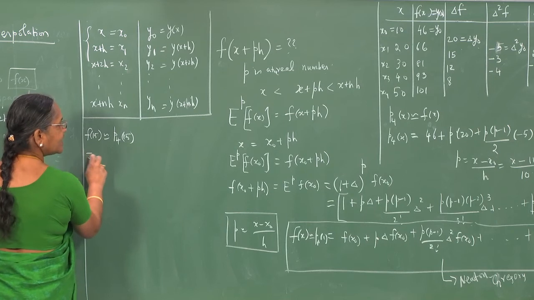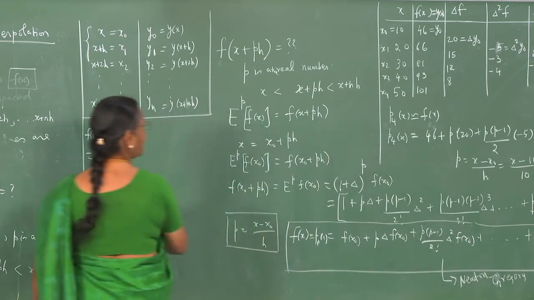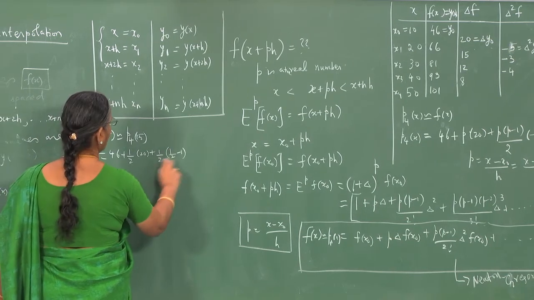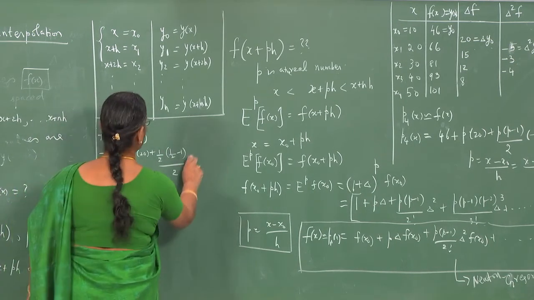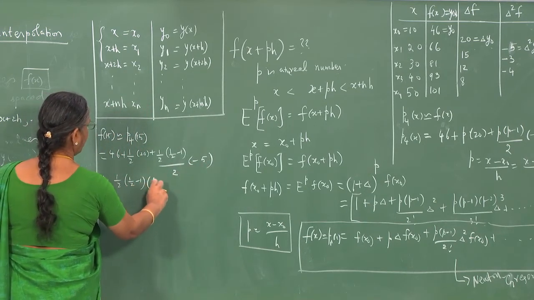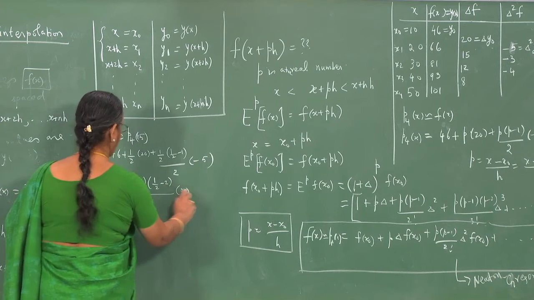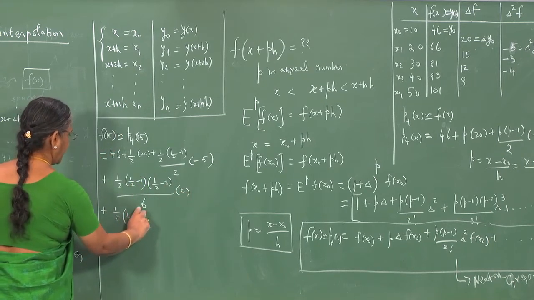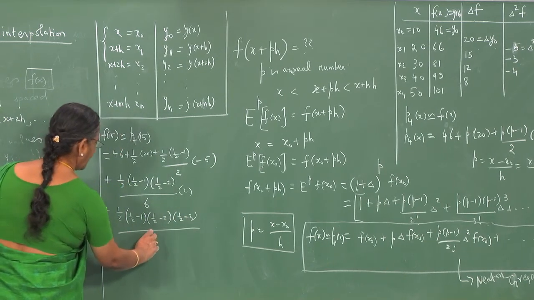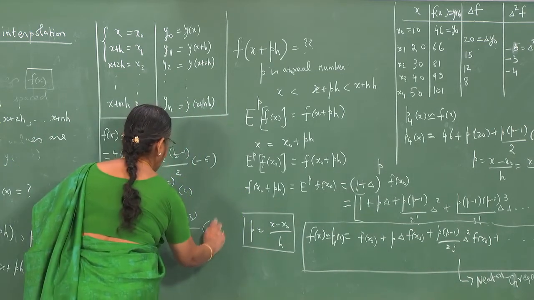15, and that is given by 46 plus what is p? p is half. So, half of 20 plus half into half minus 1 by factorial 2 into minus 5 plus half into half minus 1 into half minus 2 by factorial 3 multiplied by 2 plus half into half minus 1 into half minus 2 into half minus 3 by factorial 4 into the value which is minus 3.